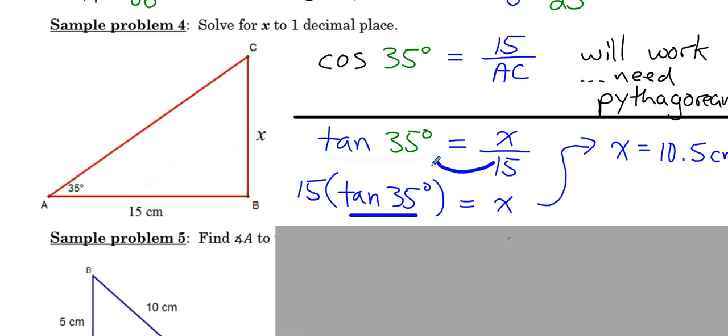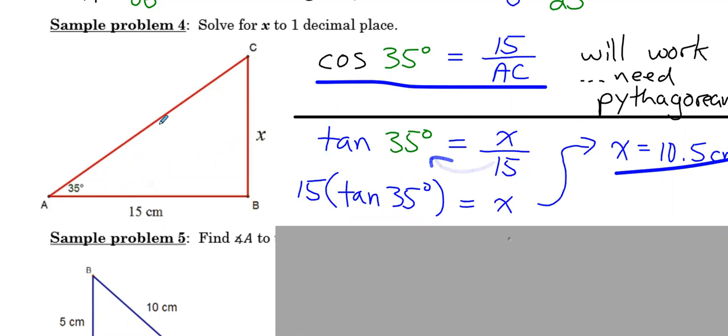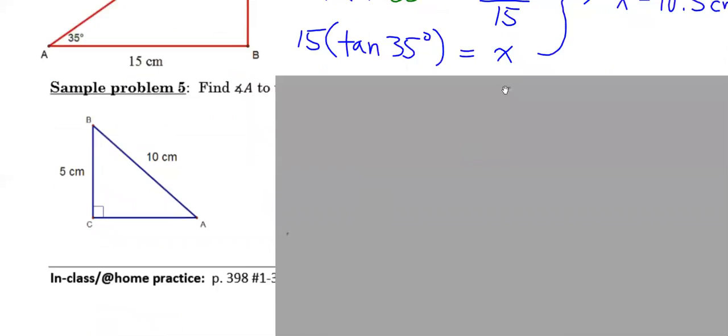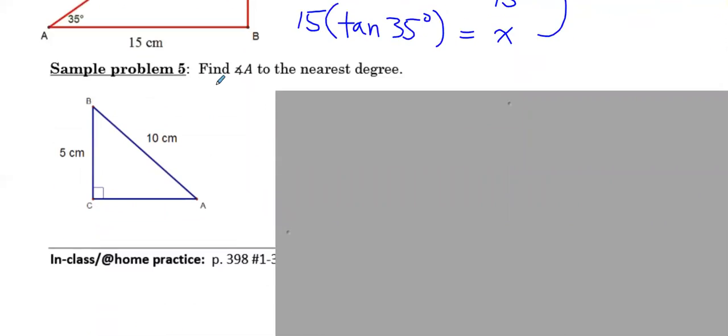Using inverse operations, multiply both sides by 15, get an x value that I need. Okay, so this could work, but you need Pythagorean theorem, and unfortunately we don't have this side. If we did have that side, then you could use it, but then you could also use Pythagorean theorem. So this is the one thing about these ratios. You do have to realize when it is best to use one ratio, one technique over another.